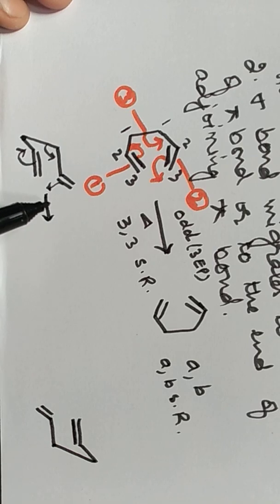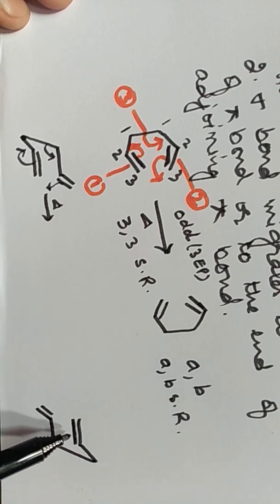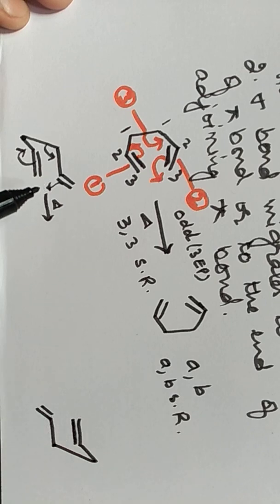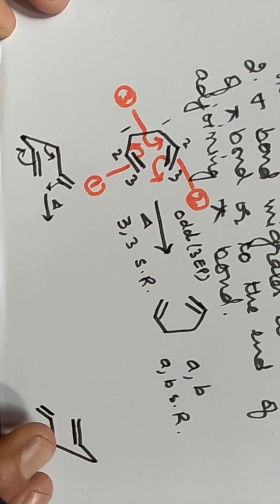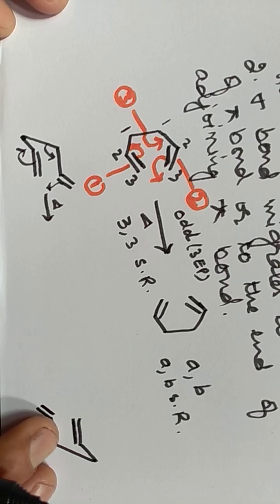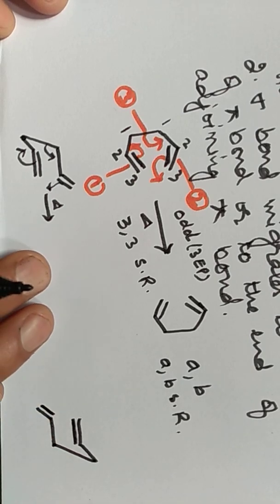When this compound is heated, we get this structure, right? This bond shifts to this side and a new bond is formed. This bond shifts to this side, a new bond is formed here, and this bond shifts to this side, a new bond is formed here, right? So this structure is formed by passing through a transition state.